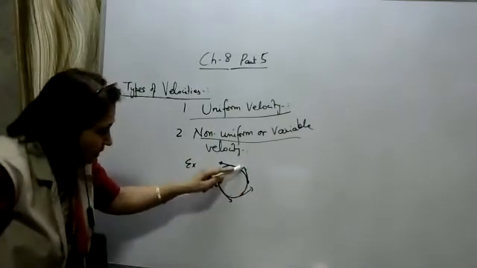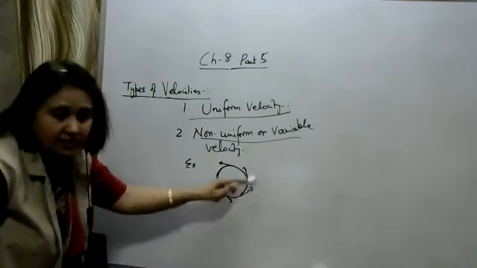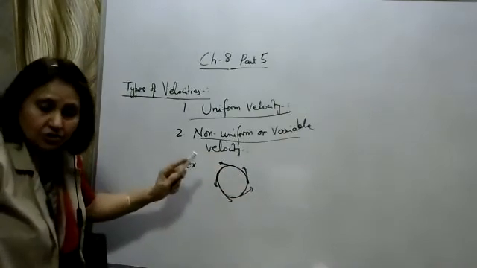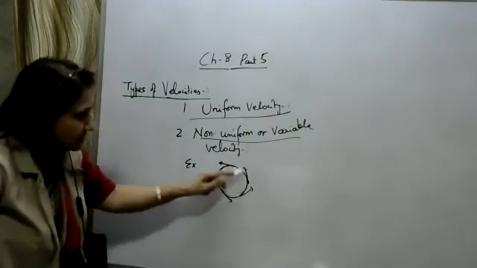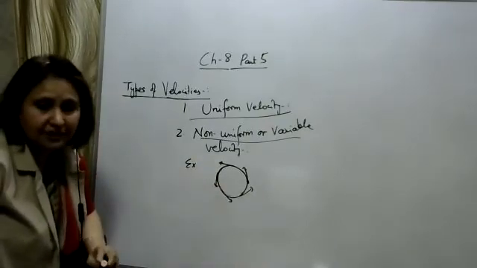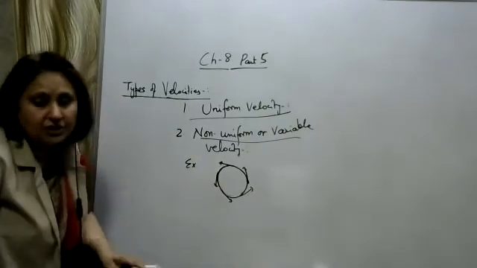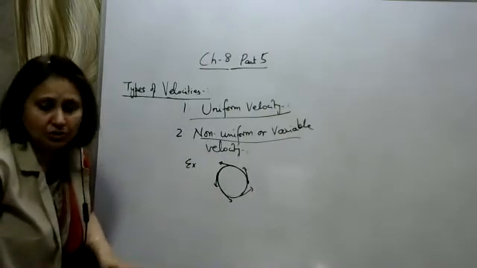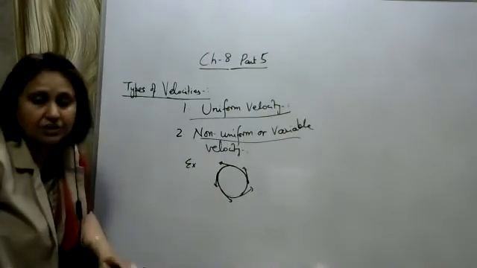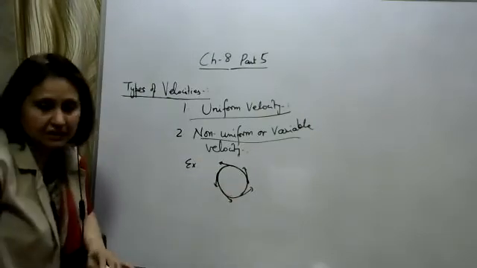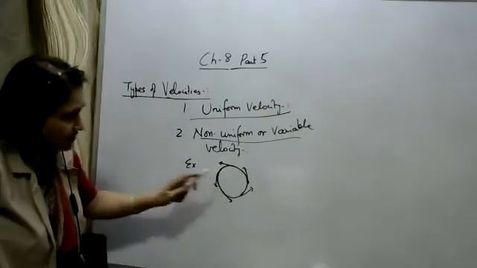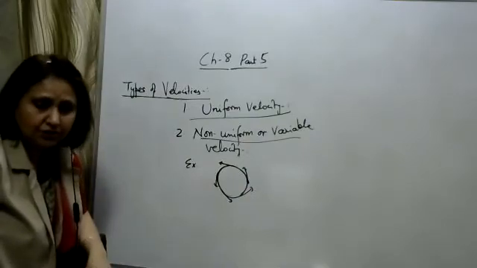So here, though the object is moving with a constant speed, its direction is changing at every point. Such a velocity, we call non-uniform velocity. That is, the velocity is changing, varying with time.